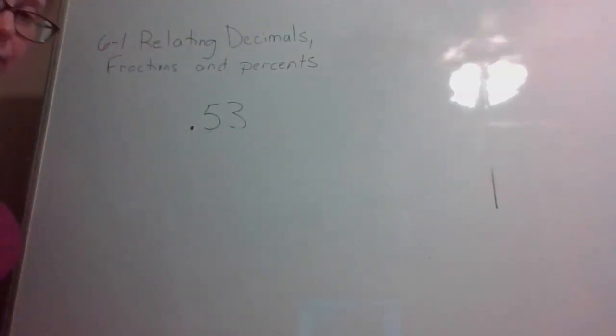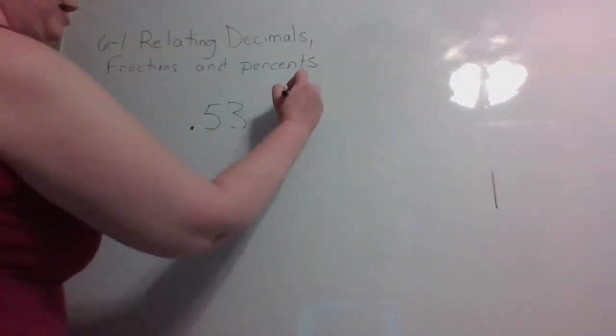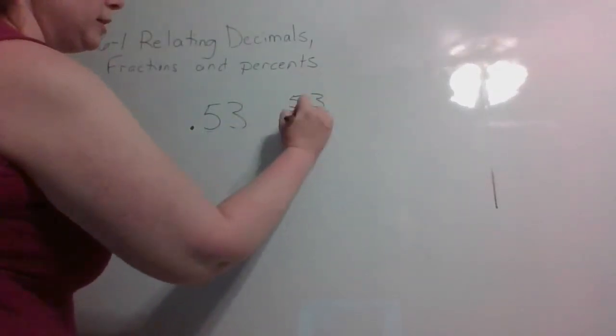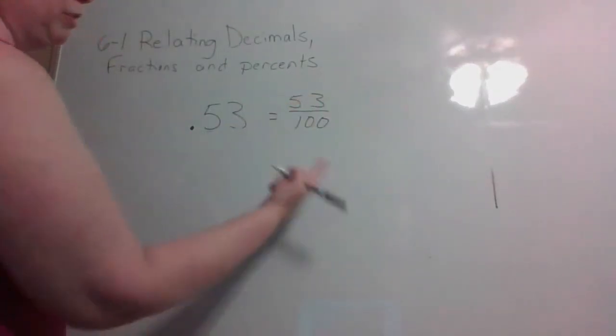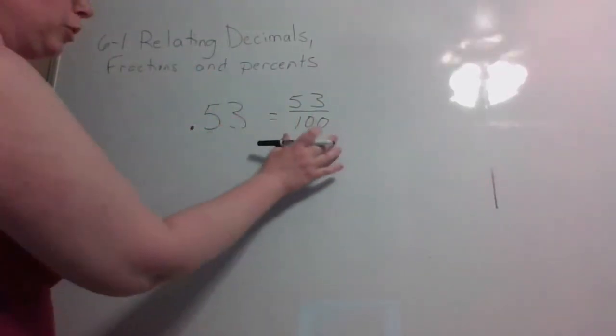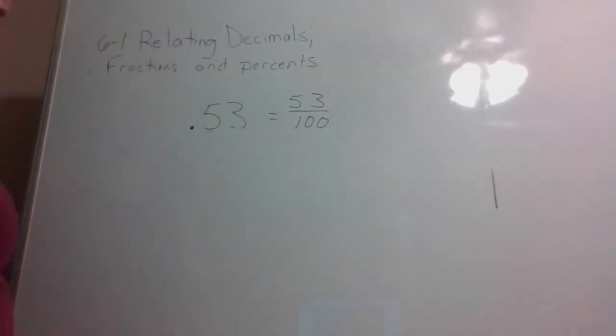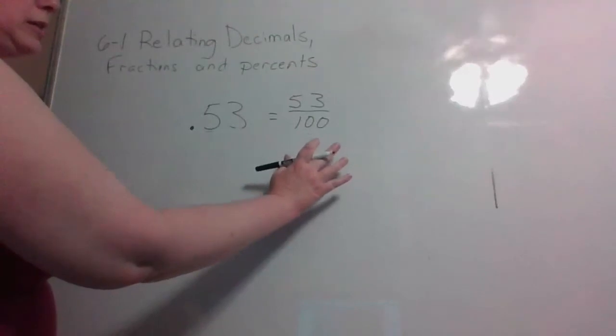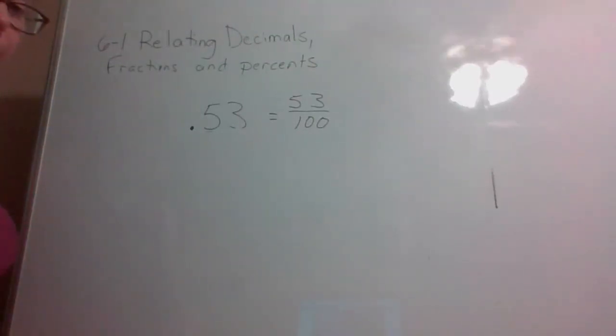Because when you read this the right way, 53 hundredths, that helps you to understand that this is 53 hundredths. It sounds the same in decimal and fraction. You say 53 hundredths, both in the decimal and the fraction. So if you can read those decimals properly, it's going to help you.